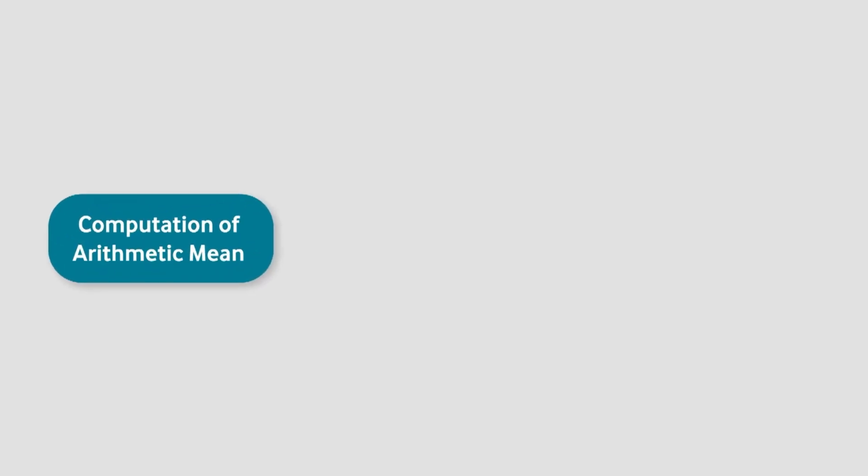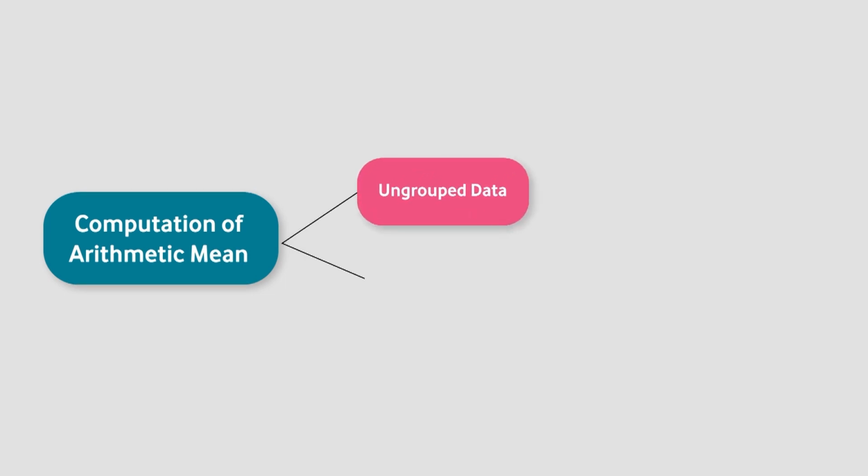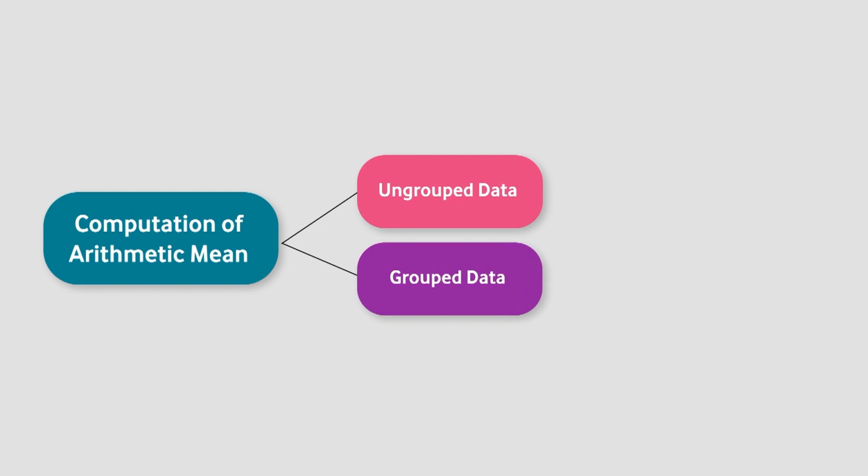Now before we actually learn how to compute the arithmetic mean, let me tell you certain important terms which are used. The data which you are going to use to calculate arithmetic mean may be grouped data or ungrouped data. As the name suggests, grouped data means there would be various sets of information, or for one kind of information there are various representations.